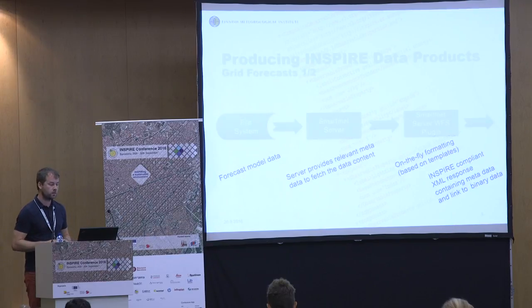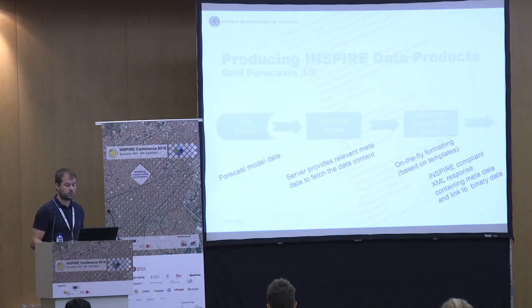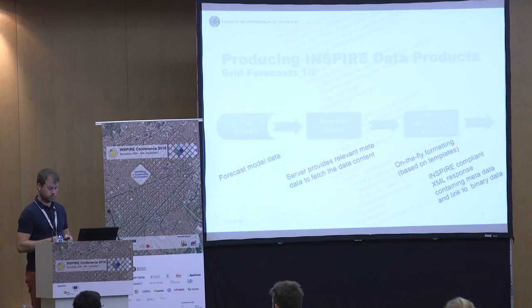Grid forecasts are a bit like the point forecasts. We have the model data on the file system, and then the server reads it, and you have the web feature service plugin that gives the response, but now in addition there's a link to the actual binary data.